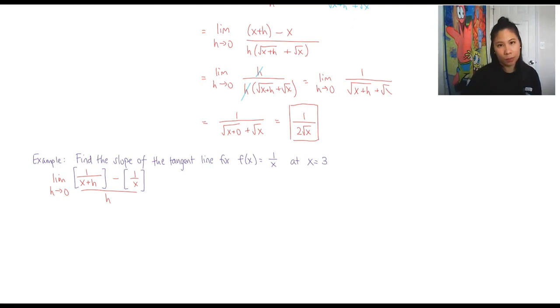So from here, oh my goodness, I already have fractions on top of fractions. So think back to last chapter where we had complex fractions. We would multiply the top and the bottom by the common denominator. So in this case, the common denominator would be x times x plus h. And we're going to do this to both the top and the bottom.